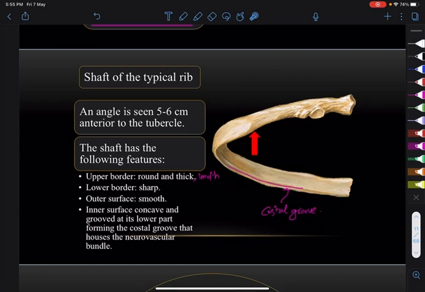The shaft has the following features. The upper border of the shaft is round, thick and smooth.